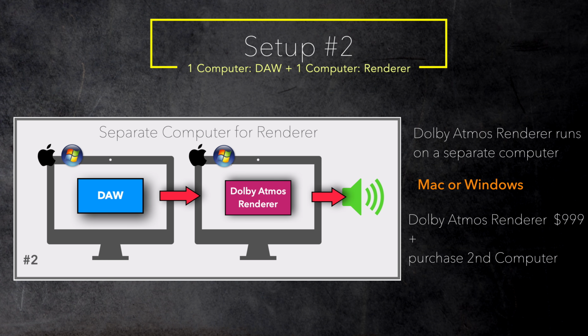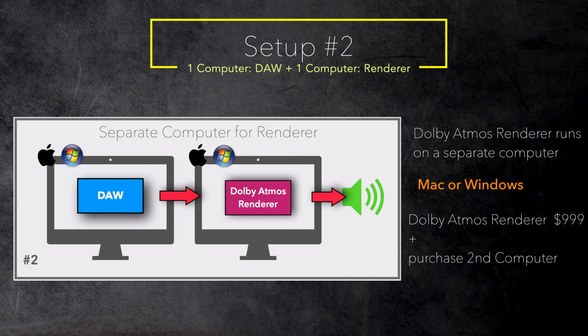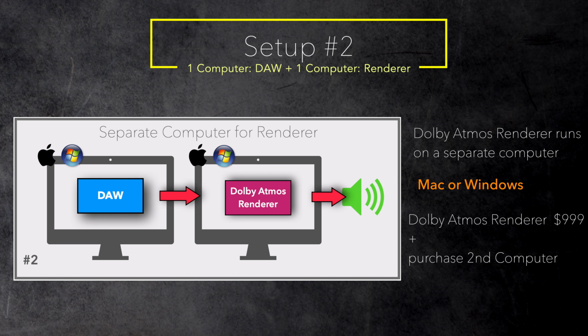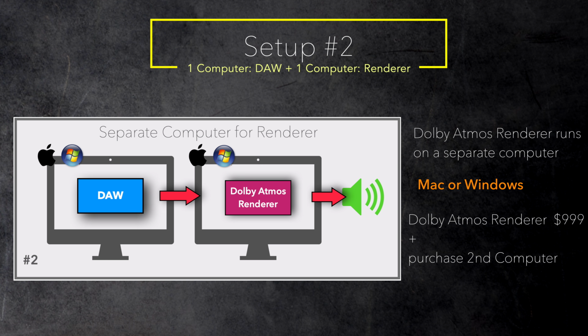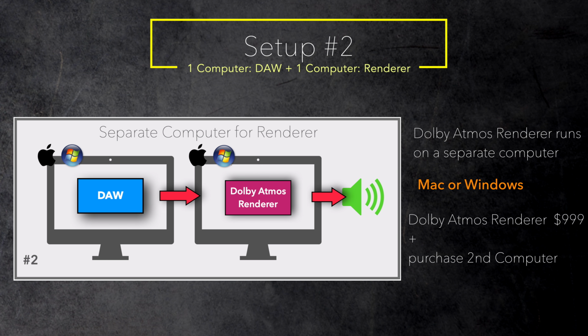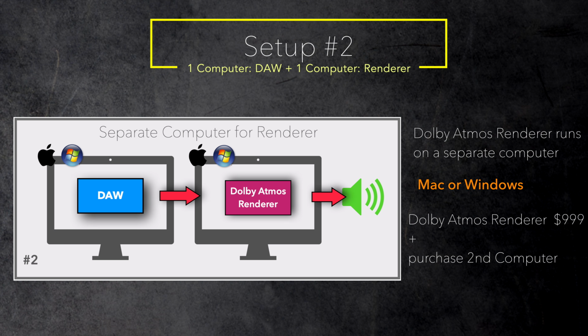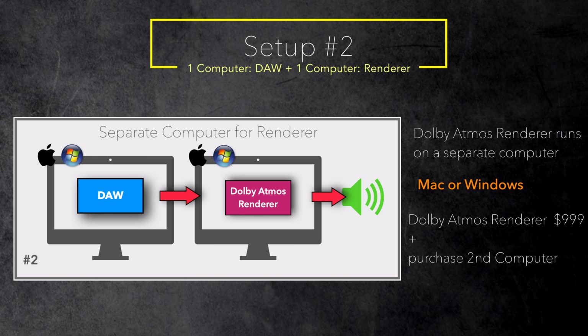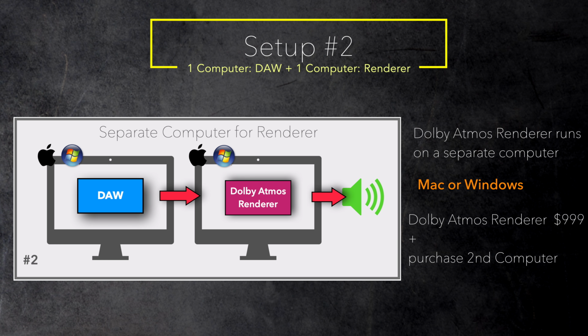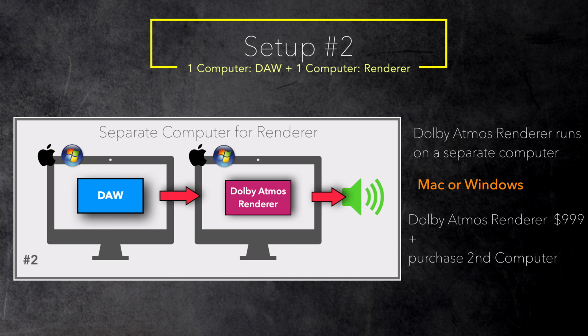However, the software now costs $999 in addition to the dedicated computer that you have to purchase from an authorized Dolby reseller. This is a configuration that might be required for more demanding mix jobs where you run sessions with a high track count with lots of plugins that could bring down your computer if you want to run the Dolby Atmos renderer on the same machine.